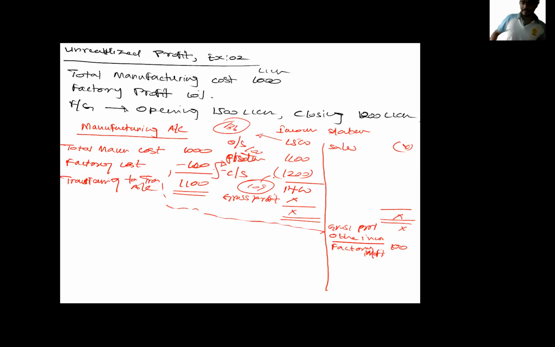Then බලගන්න unrealized. In addition to that, our statement of financial position, current assets විදියට. Now we need to record this 1200.